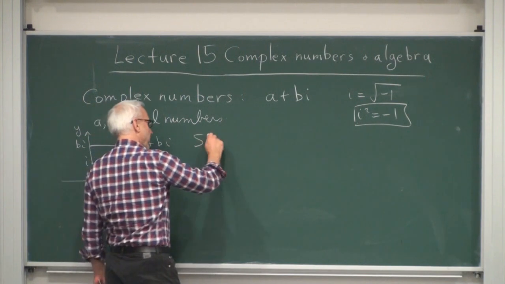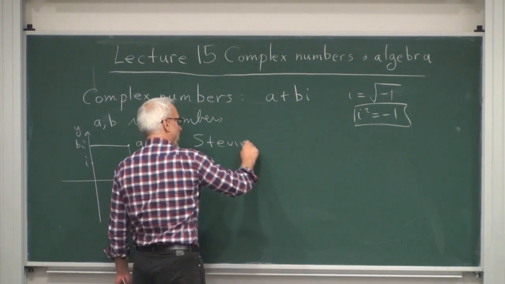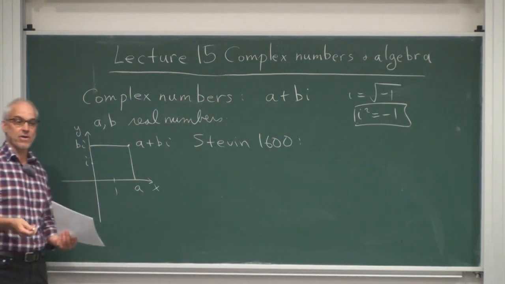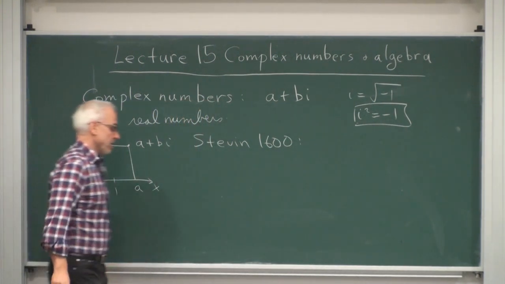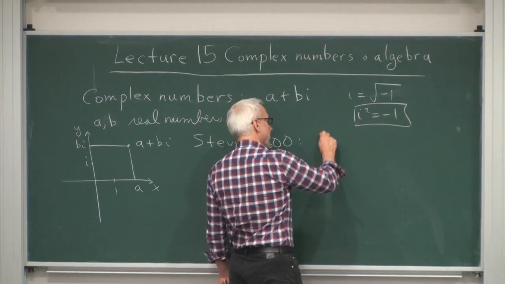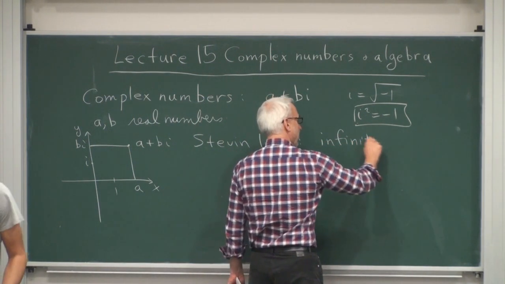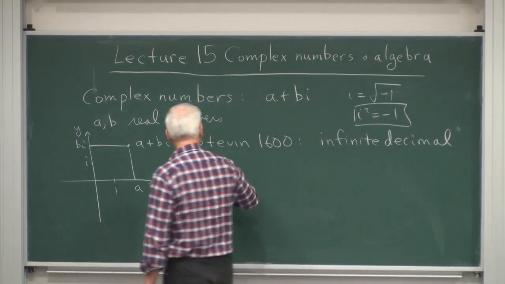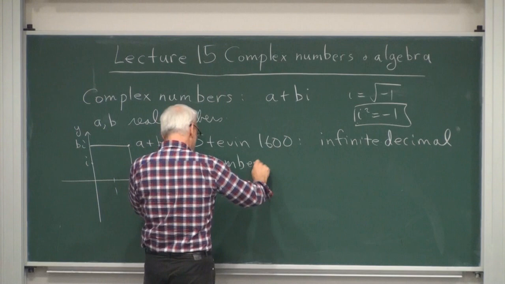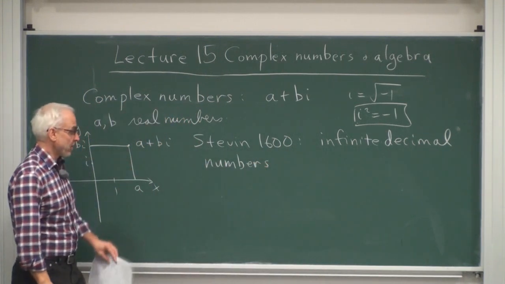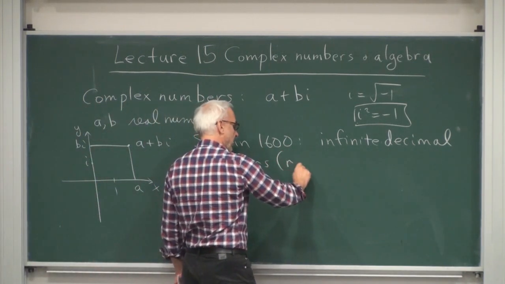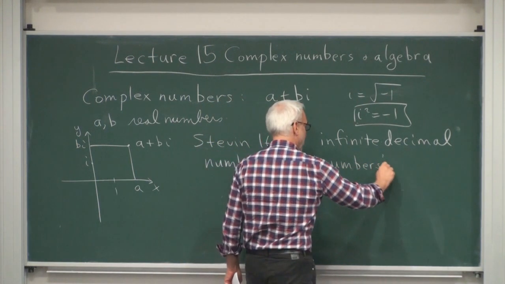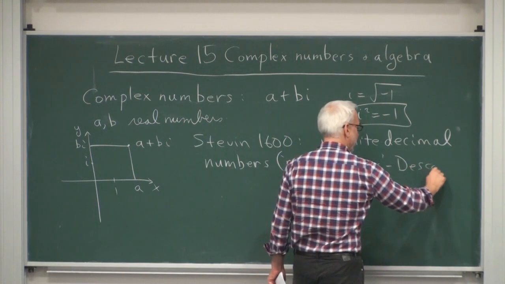So I suppose we should start with Stevin, who around 1600 introduced the essentially modern concept of a real number. So he introduced infinite decimals, which then subsequently were called real numbers. And I think that notation goes back to Descartes.